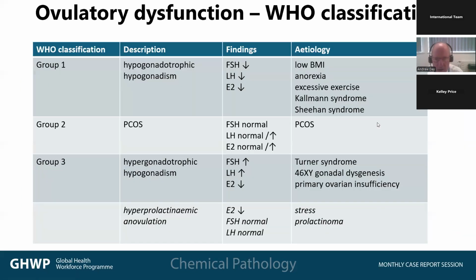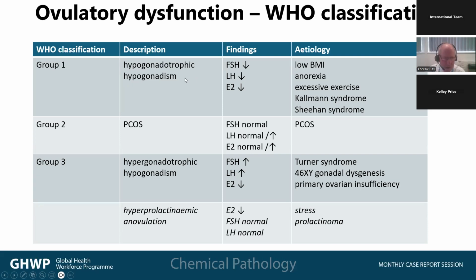So we're going to move now into talking about the causes of female infertility. And as I said, we're going to focus largely on ovulatory dysfunction. And rather conveniently, the WHO has classified ovulatory dysfunction into 3 groups.